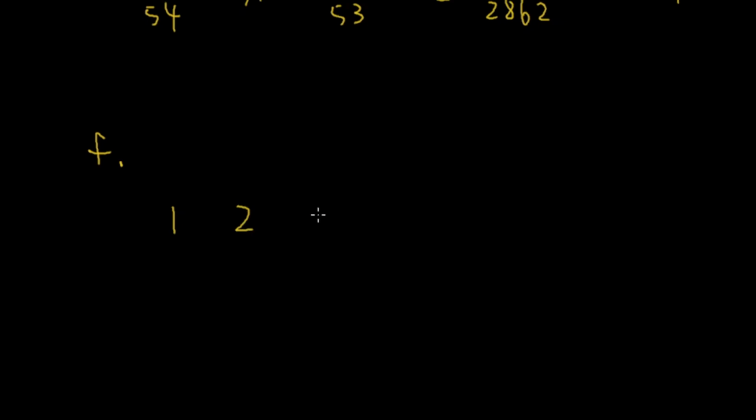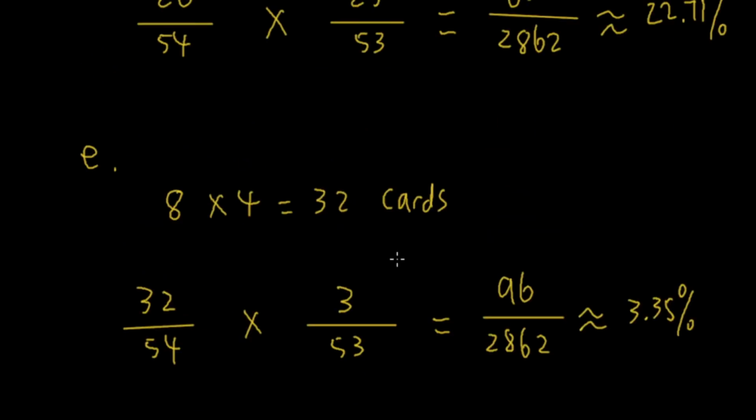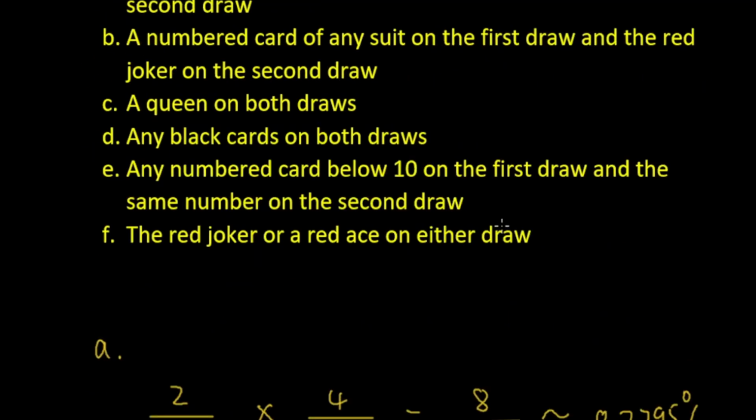Now you have to draw one of these on the first draw. So you have 3 possible outcomes that you want on the first draw, and you have 54 cards to draw from. So that is 3 out of 54. Now, let me write it here. 3 out of 54 on the first draw. Now, on the second draw, if you actually get one of these cards on the first draw, then you cannot get any of these cards on the second draw, because the question says on either draw.